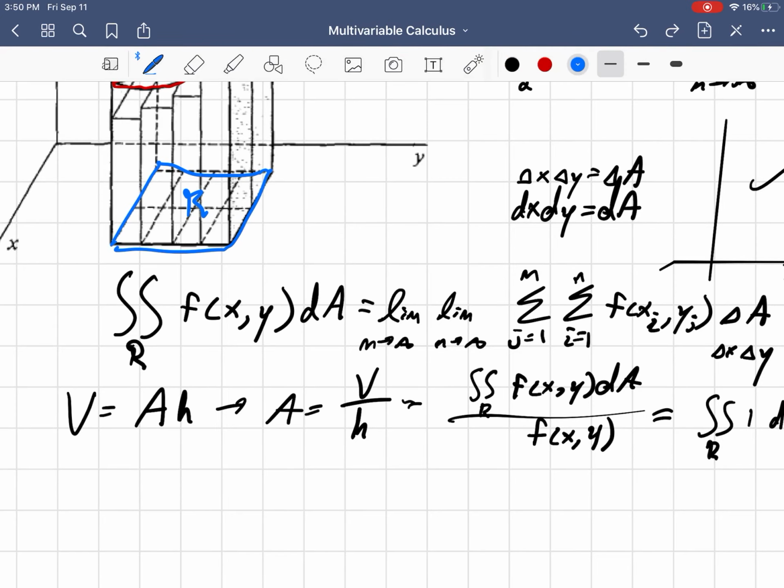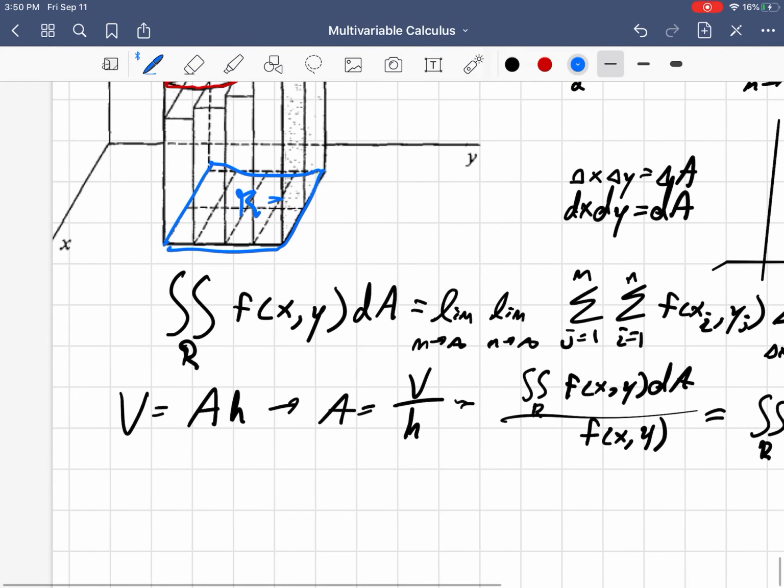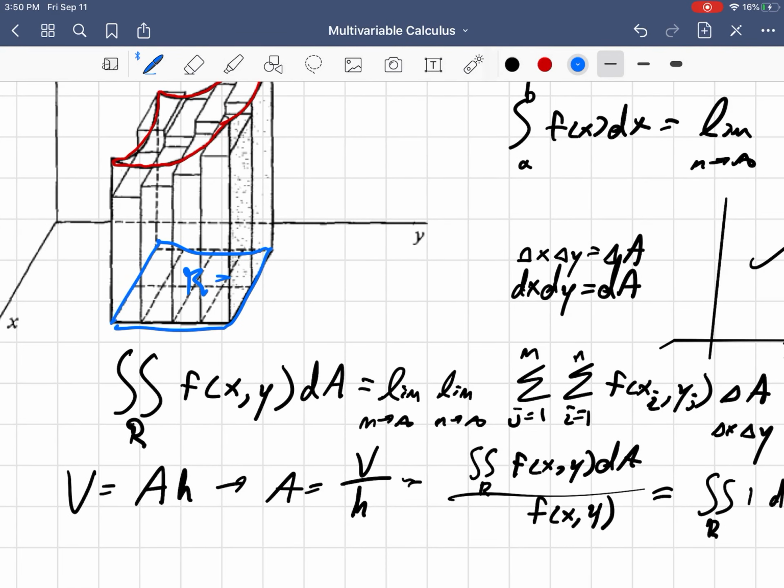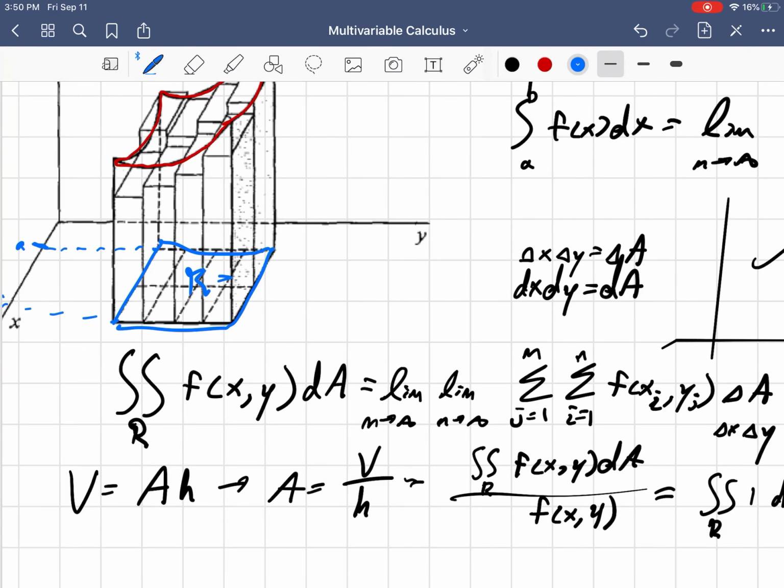Something I want to introduce notation-wise is R. Normally we write it like this. So let me draw some numbers in here. Let's say this is the x value of a, this is the x value of b, and then right here, the y value of c, and the y value of d. So what we do is we write R as AB cross CD.